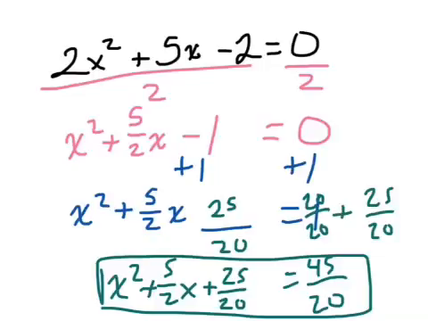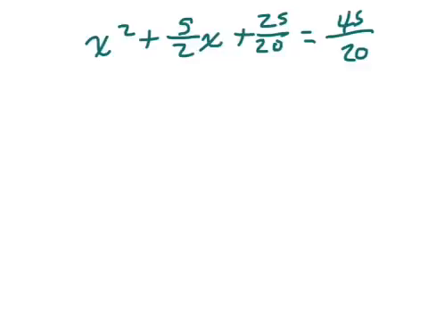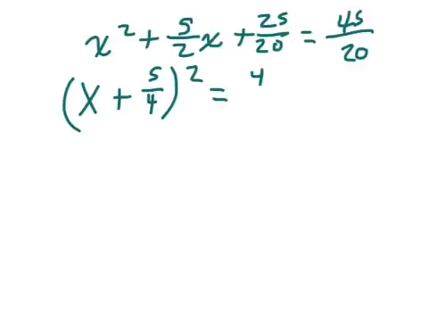I erased it on this other page already, but we did 5 fourths squared earlier to get that 25 over 20. So we already know what that square root is. So this is just x plus 5 fourths squared equals 45 over 20.